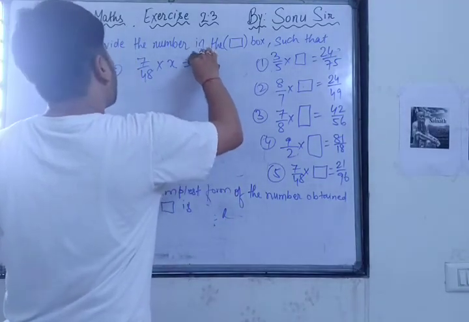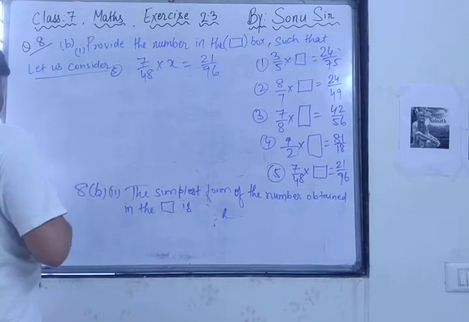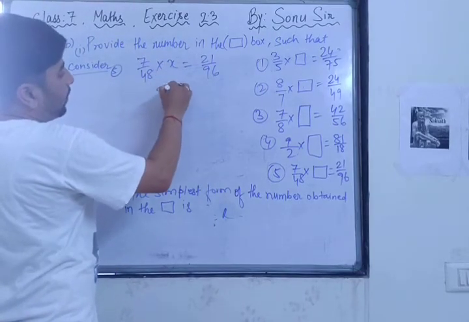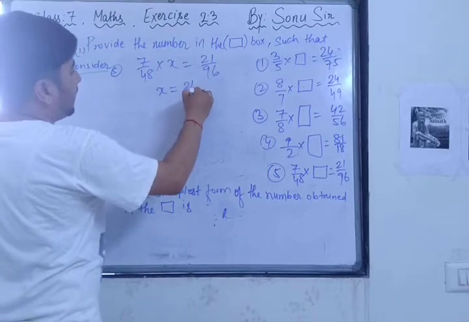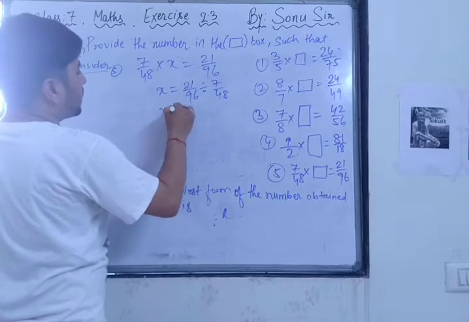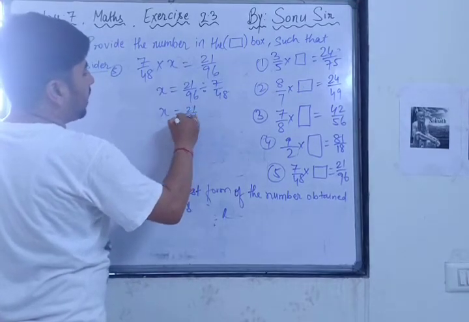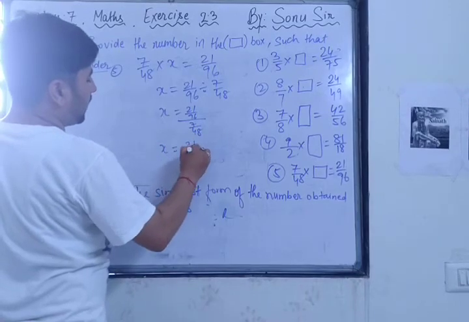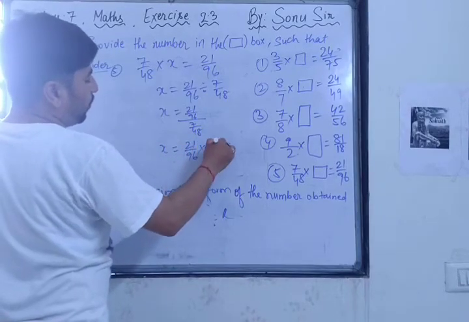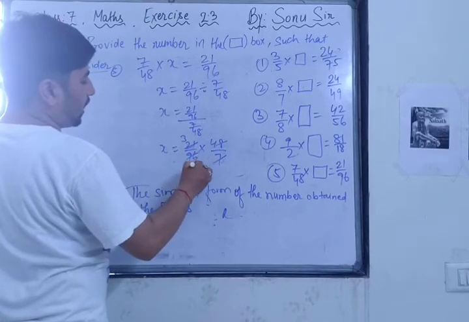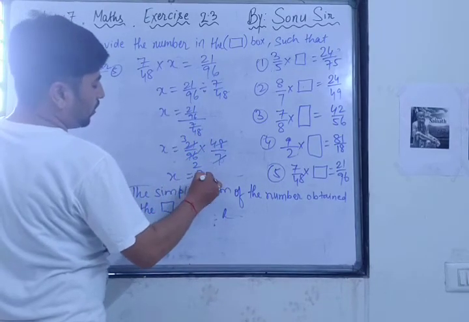So that's why I am giving you the concept. Here this number is multiplied with x, so if it goes to that side, 21 by 96 divided by 7 by 48. So x is equal to 21 by 96 upon 7 by 48. X is equal to 21 by 96 into 48 by 7. 7 3s are 21, 48 2s are 96. So x is equal to 3 by 2.